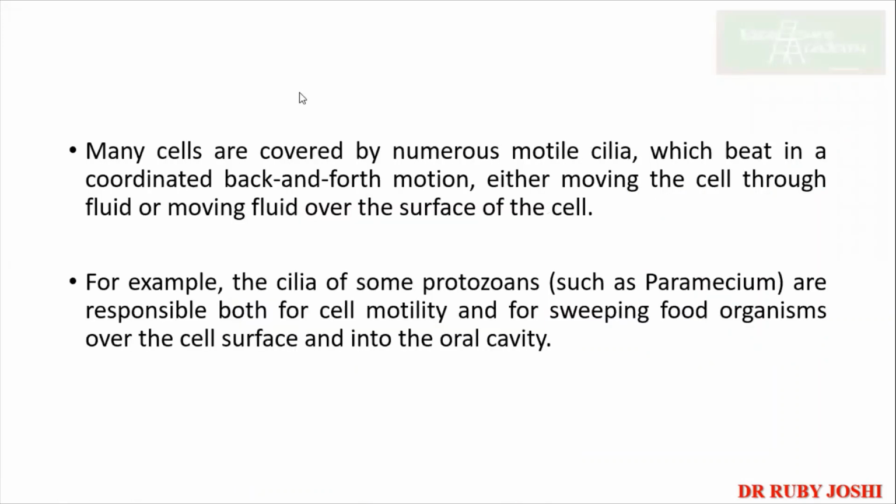Now, these cells are covered by numerous motile cilia. They beat in a coordinated back and forth motion, either moving the cell through fluid or moving fluid over the surface of the cell. Did you get it? Either you push the water so that you go ahead, or you push it from above so that you can swim from below. Okay. For example, the cilia of some protozoans such as Paramecium are responsible both for cell motility and also for sweeping the food organisms over the cell surface into the oral cavity.